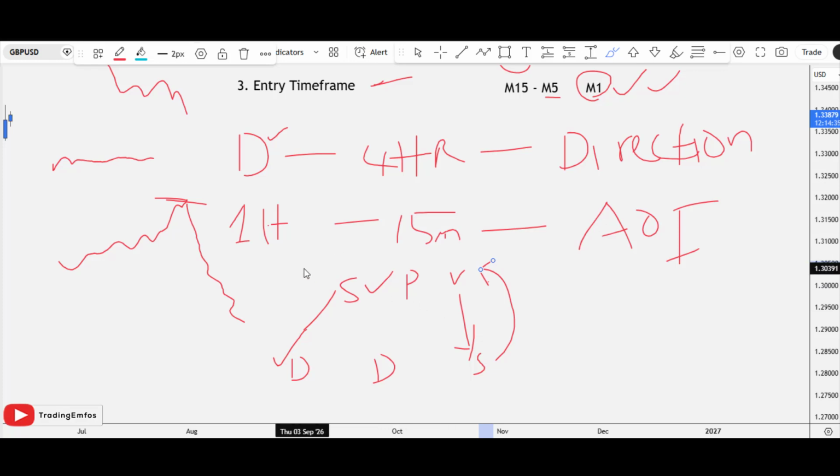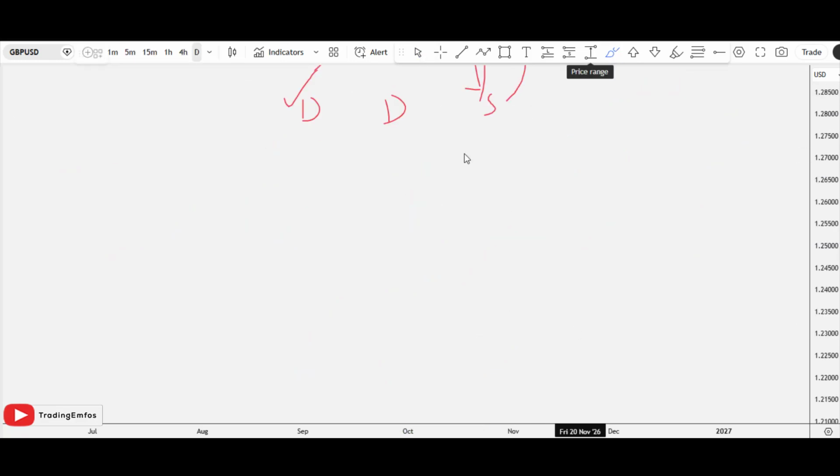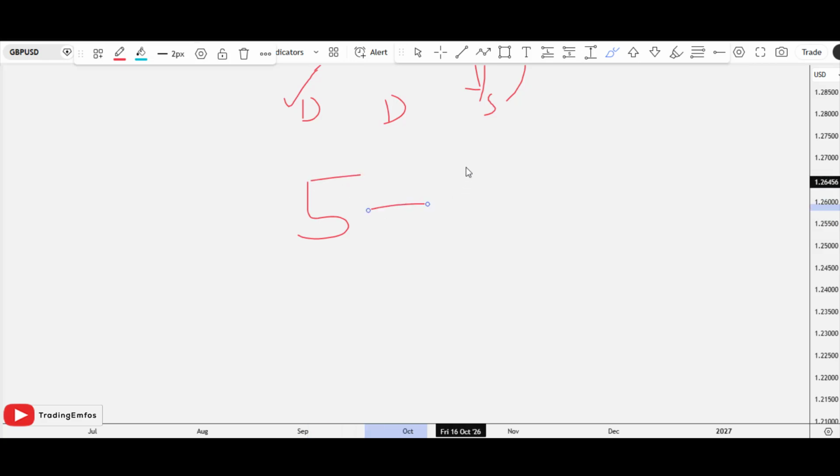Now, when I have gotten my direction on the daily time frame or on the 4-hourly time frame, and I have marked my key levels either on the 1 hour or on the 15 minutes time frame, then the next thing I do, I drop down to the 5 minutes time frame or the 1 minute time frame, and I take my entries. And before I take my entries, there is something I do.